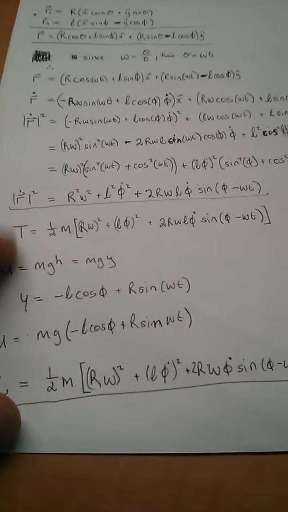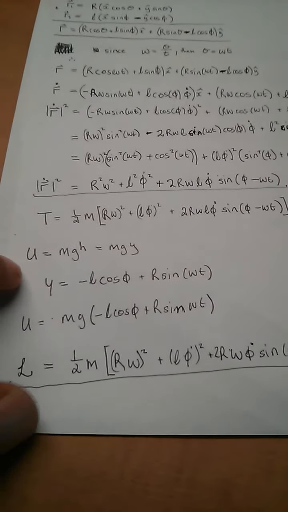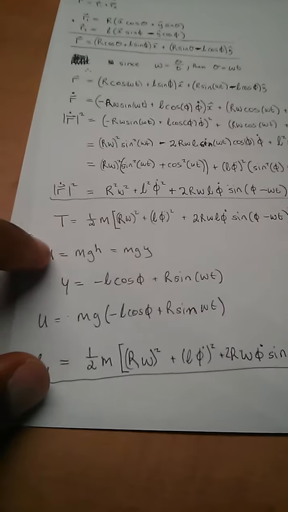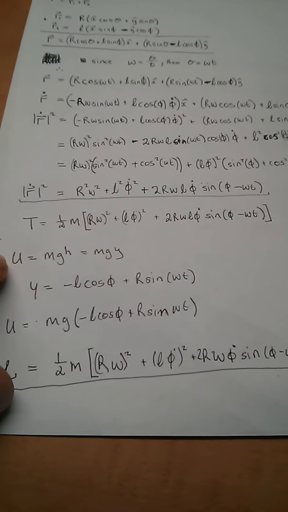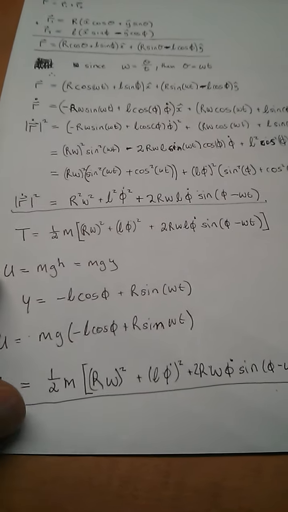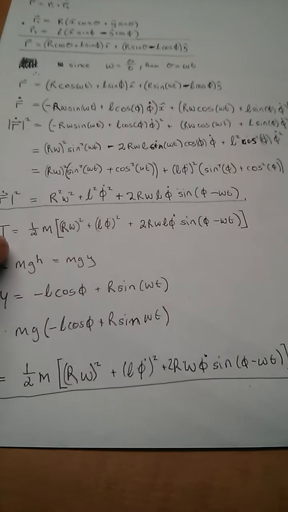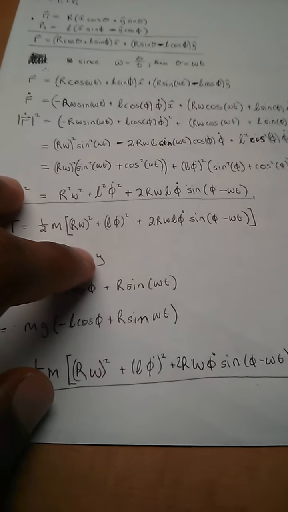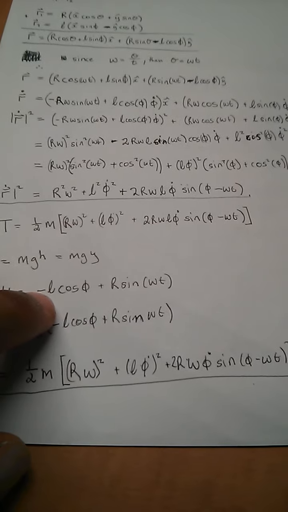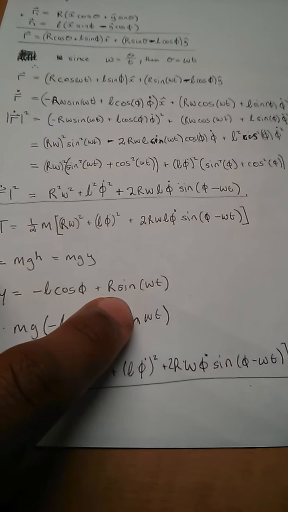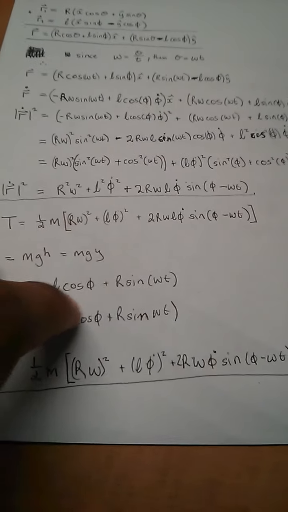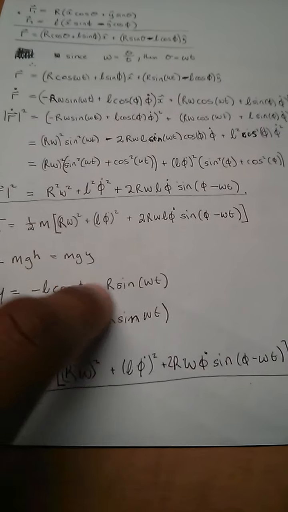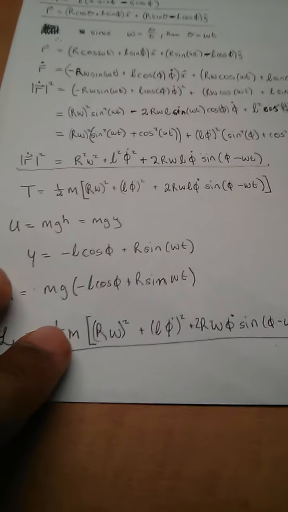And my next step is to figure out what the potential energy is. Now, potential energy is slightly easier, where potential energy is equal to mg times the height, where the height is determined by the y direction. And we already know how much the L contributes in the y direction, and how much the R2 vector and R1 vector contribute in the y direction.